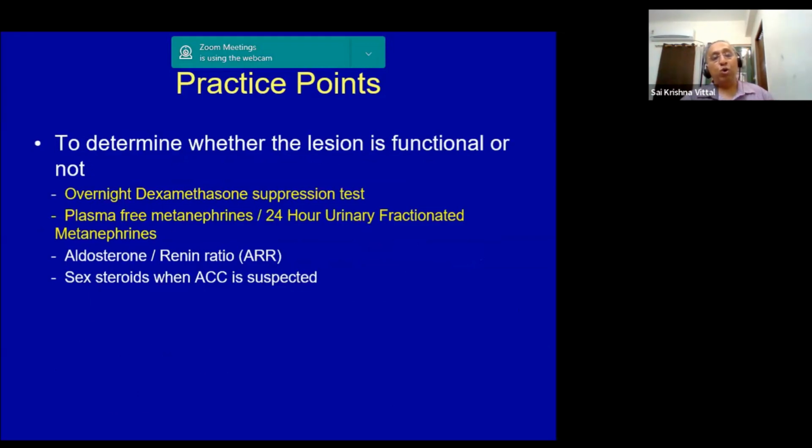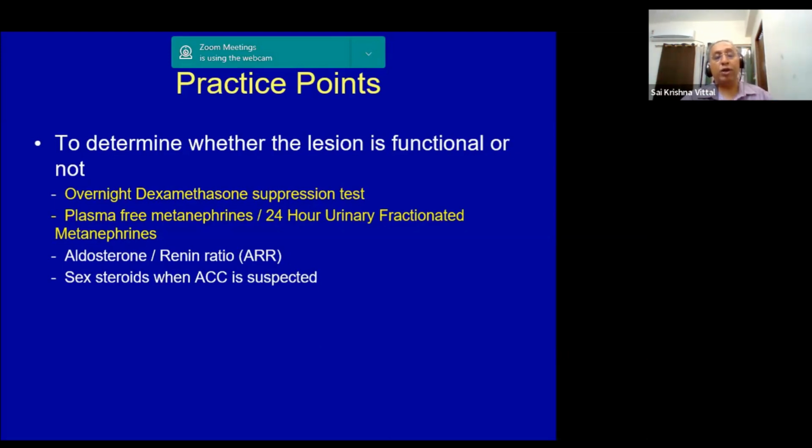Next, you will want to rule out whether the adrenal incidentaloma is a functional tumor or not, for which, for all cases of incidentaloma, you are morally duty bound to do an overnight dexamethasone suppression test. You are duty bound to rule out pheochromocytoma by doing plasma free metanephrines or 24-hour urinary fractionated metanephrines or both.